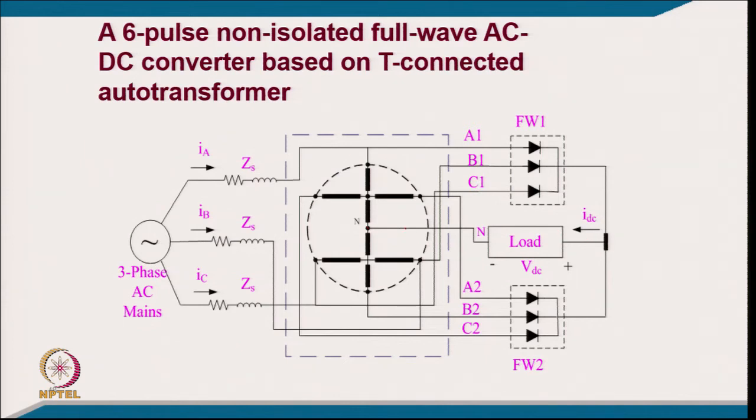All the vertices lie on a circle, the radius being equal to the RMS voltage you get in the output corresponding to the neutral point, and 6 identical voltages with a 60° phase shift, a 6-phase supply. Even without isolation you are converting the 3-phase supply into a 6-phase supply, and you are using a 6-pulse full wave converter here. This is the 6-phase supply, and this is how we convert 3 phase to 6 phase.